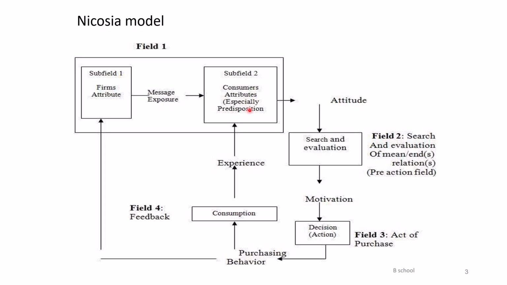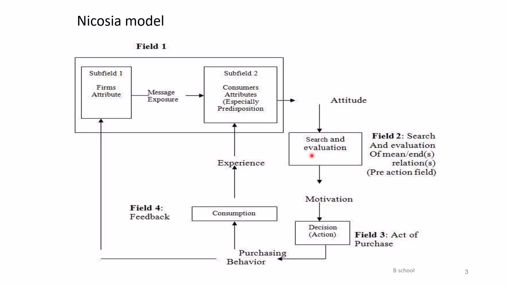So all these messages influence the attitude of the consumer towards the product, whether he develops a favorable or an unfavorable attitude. If the consumer has a favorable perception or attitude towards the product, he will go to field 2. Each field is an input for the next step.